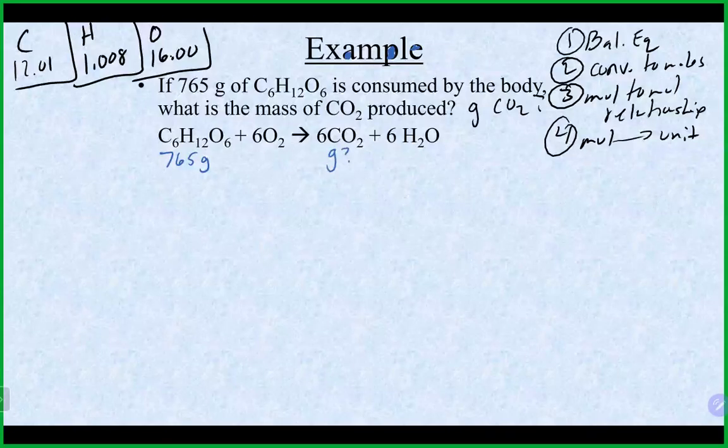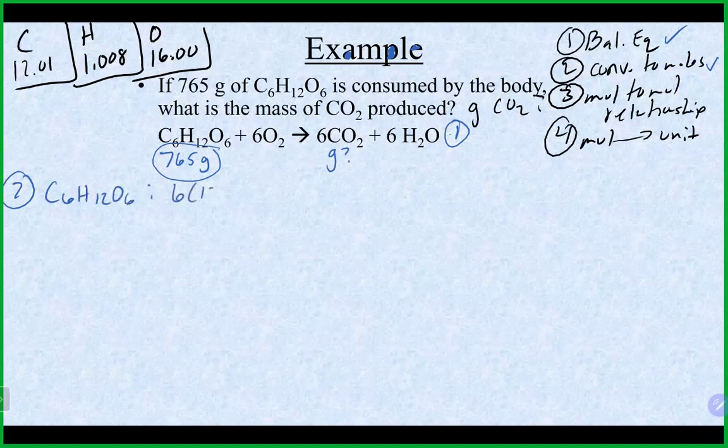So starting with the first step here, balanced equation, which it is. So that's good. Next step, we want to convert to moles. And once again, here we do need to do that since we are given it in grams. So we would need to find the molar mass here for this guy to convert it.